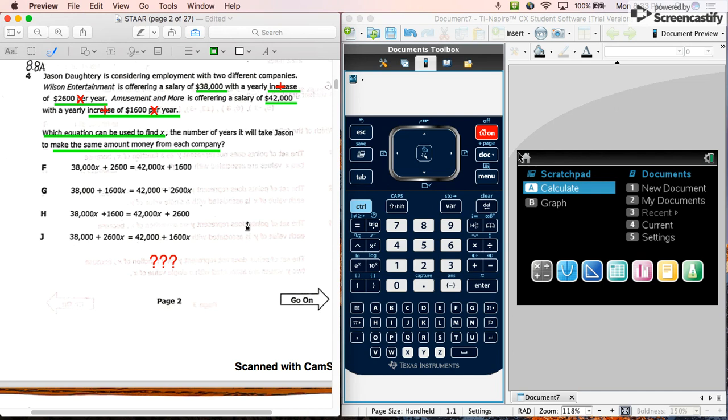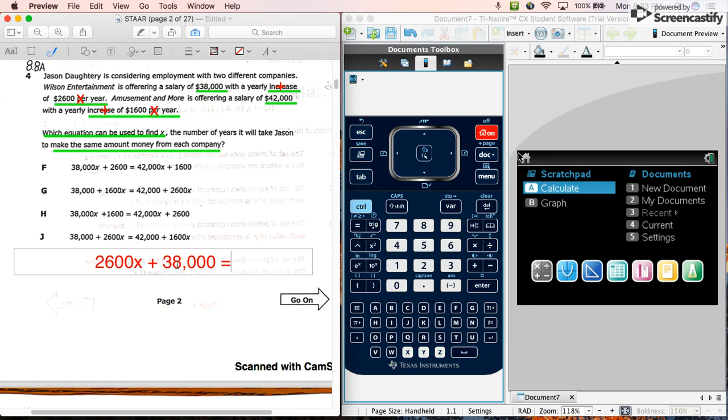Because I want them to be equal to each other, because I want to see how long it's going to take for them to have the same amount of money from each company, there needs to be an equal sign between them. So let's write our equation. Our equation is going to be 2,600x plus $38,000.